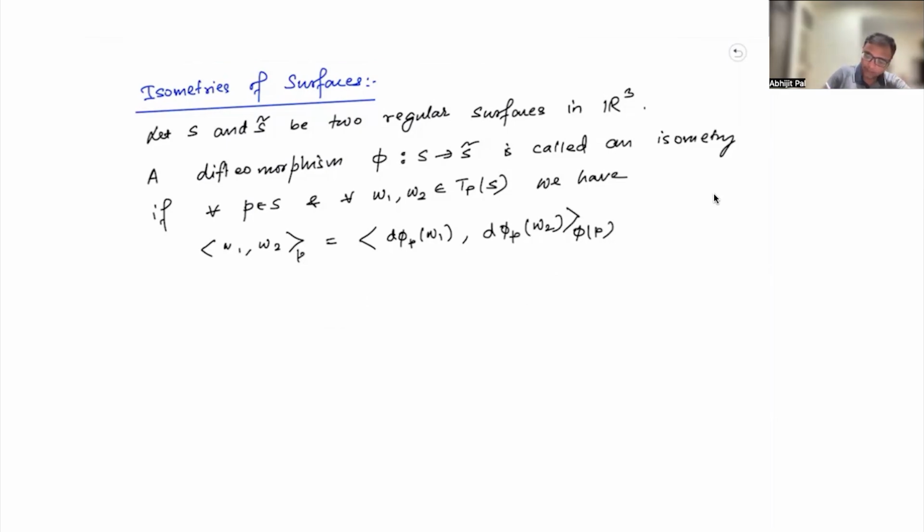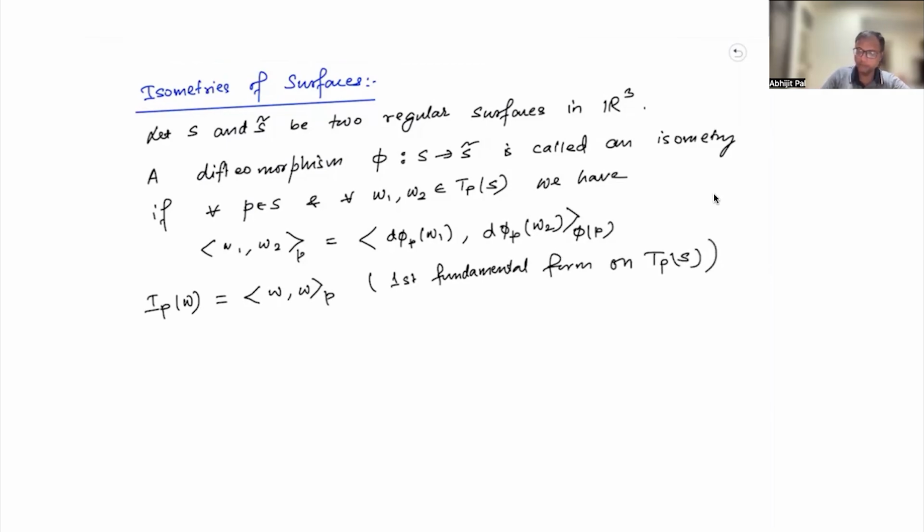Okay. So now if I take the first fundamental form, I_p(W), this is equal to the inner product of W with W at the point p. So this is the first fundamental form on the tangent space of S at the point p.